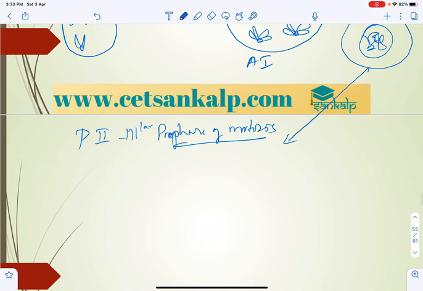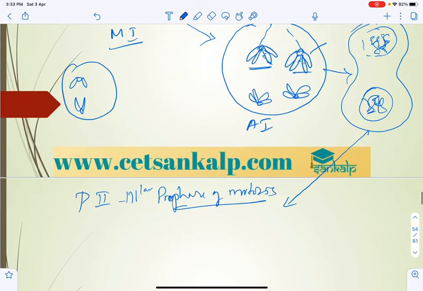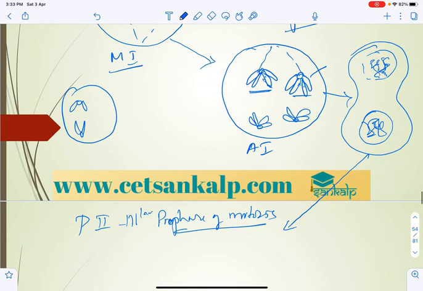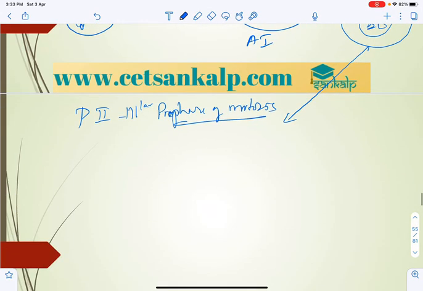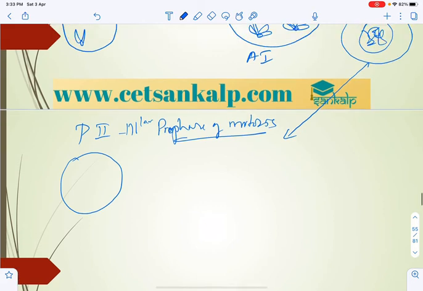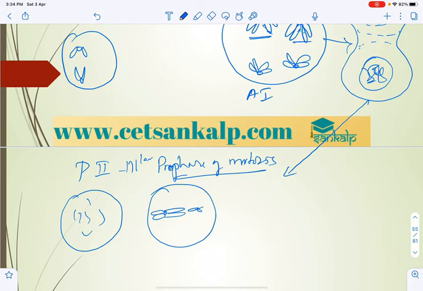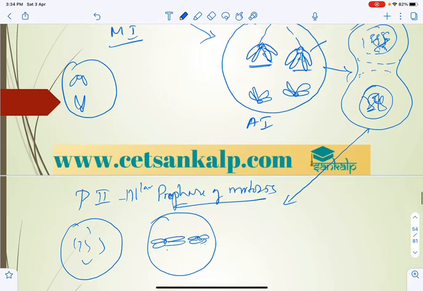In prophase 2, we know chromosome condensation starts again. So two cells will be there, and they will resume before going to divide. Here decondensation was there, now condensation initiates. So prophase 2, and then metaphase, alignment of chromosomes, not homologous chromosomes, only chromosomes.